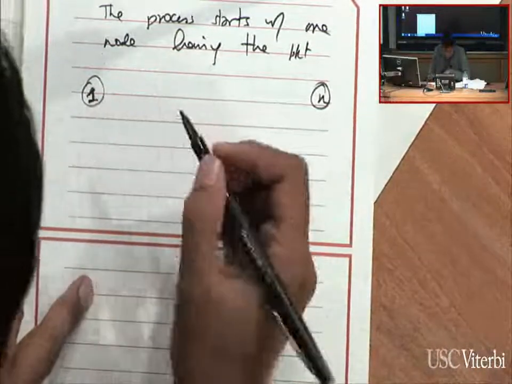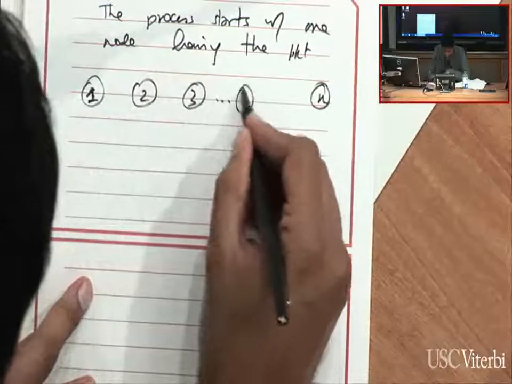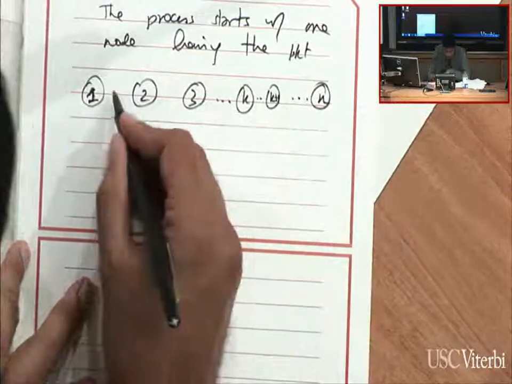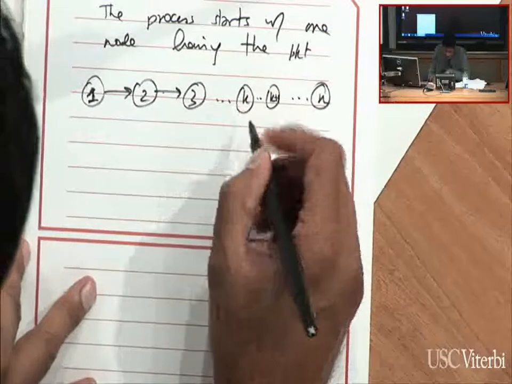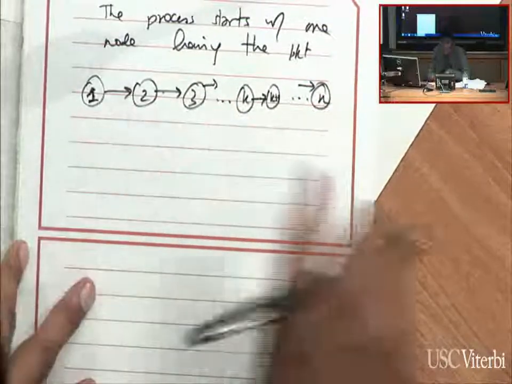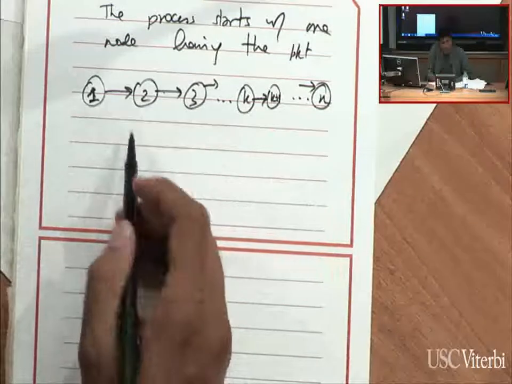At each time, you're able to advance the number of nodes that have the packet at most by one. So think of it as a chain that only moves one step forward to the right, and it may not always move.